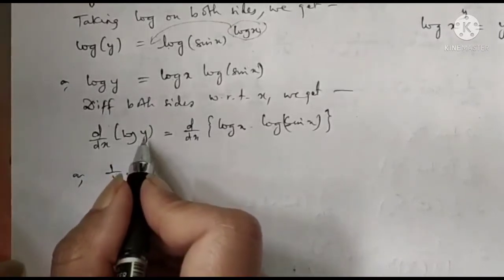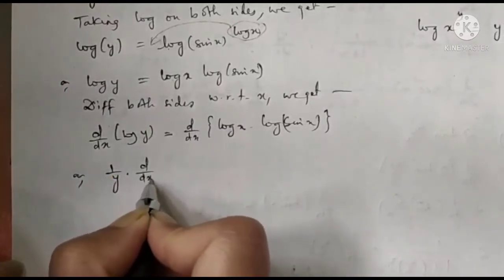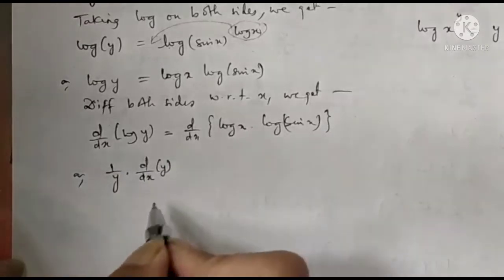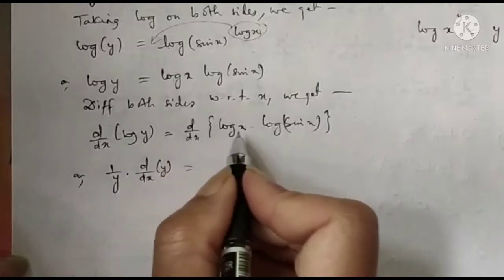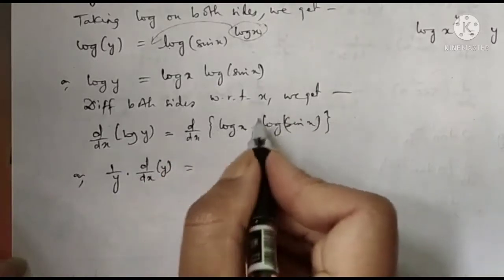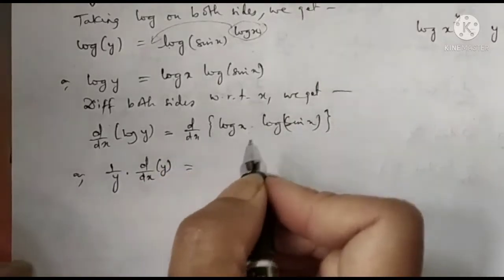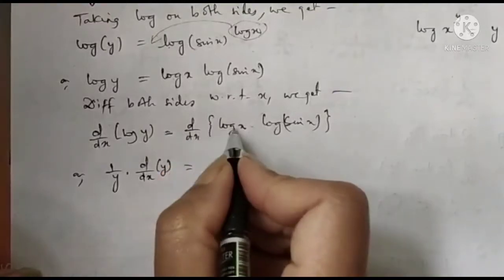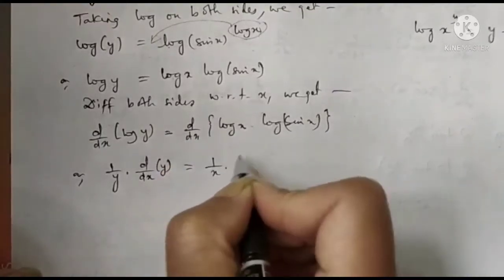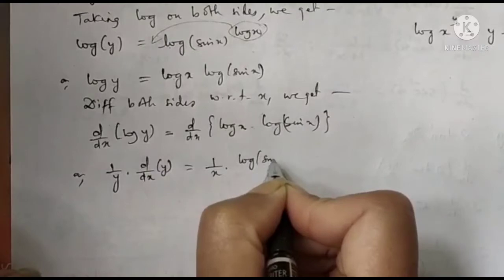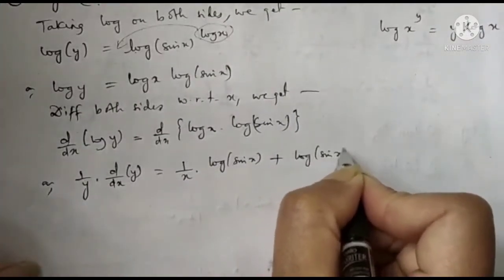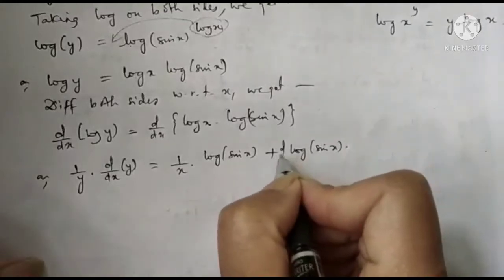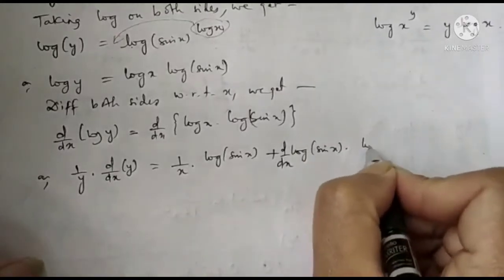But then in place of x, I have a y, so I'm going to re-differentiate whatever is in place of x. So it is d by dx of y equals, now d by dx of first function into second function. So d by dx of log x is 1 by x, into log sine x, plus log sine x into d by dx of log sine x into log x.